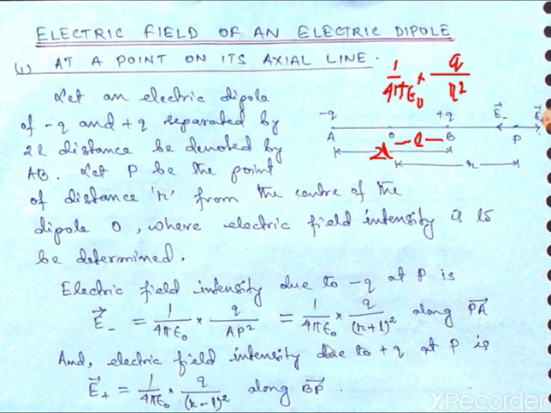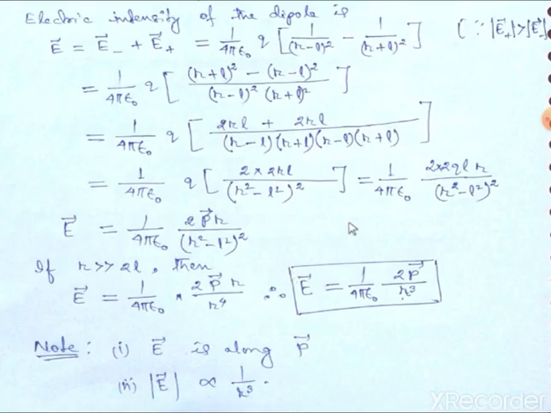For E minus also 1 by 4 pi epsilon naught times q is there, and this is r plus L square. For E plus it will be r minus L square. So we need to add these two, okay? So let's see. Now electric field intensity of the dipole is what?